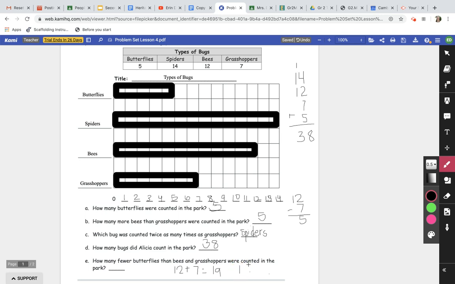So 19 bees and grasshoppers minus 5 butterflies is going to give me a total of 14. So I'll write my answer over here. There are 14 fewer butterflies than bees and grasshoppers that were counted at the park.